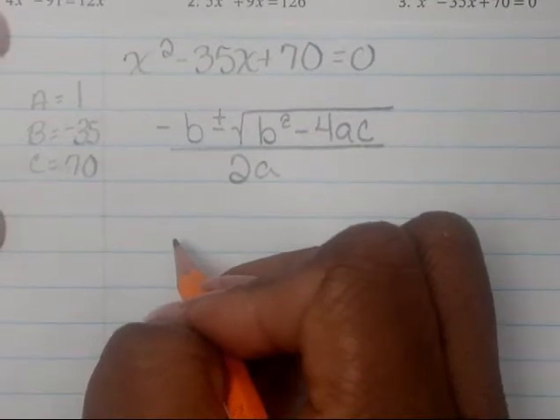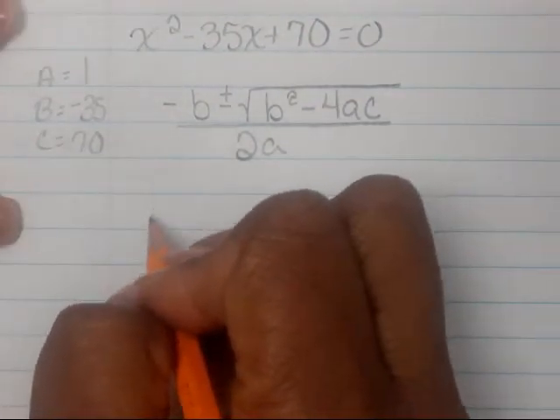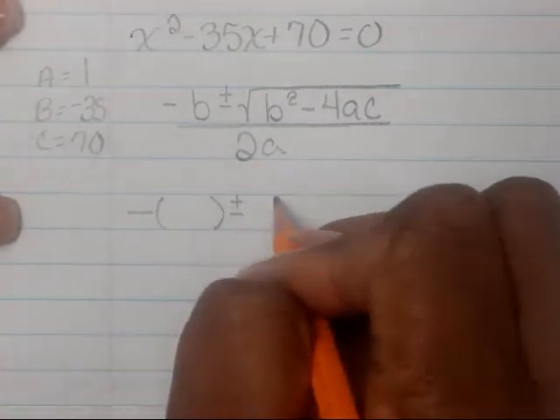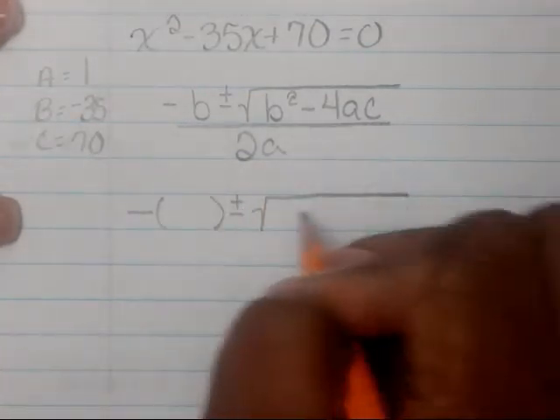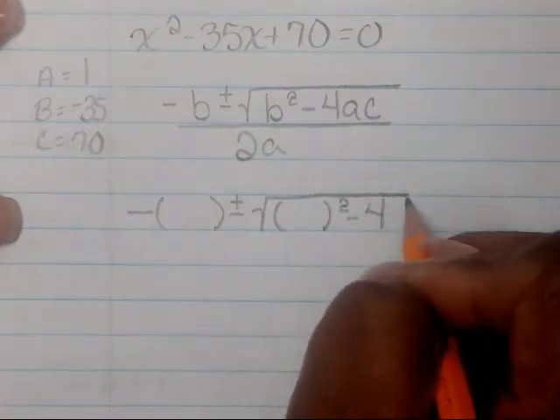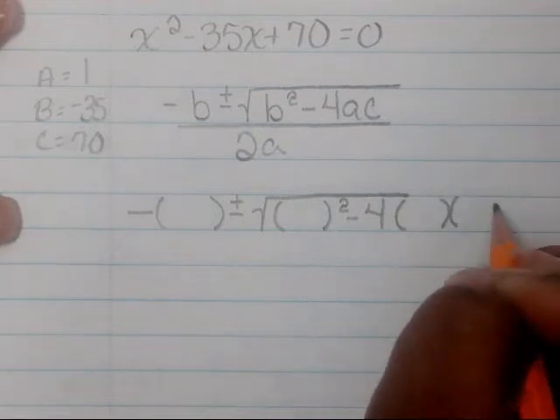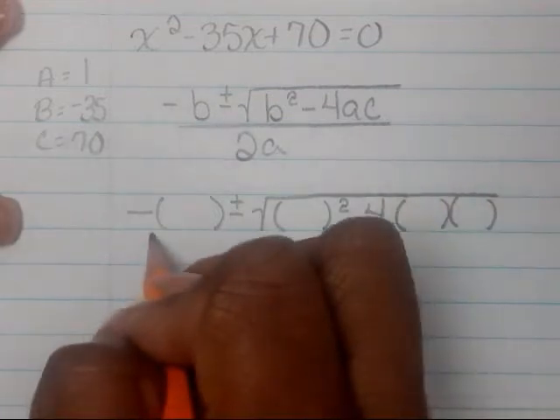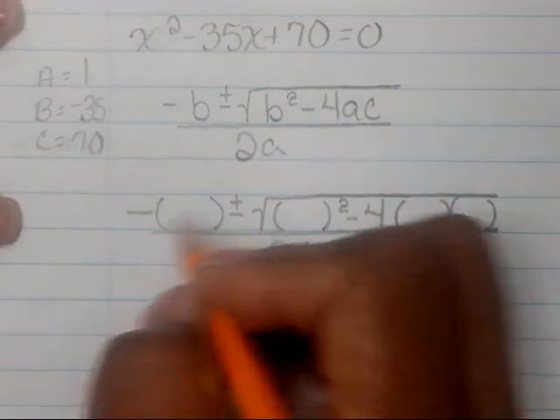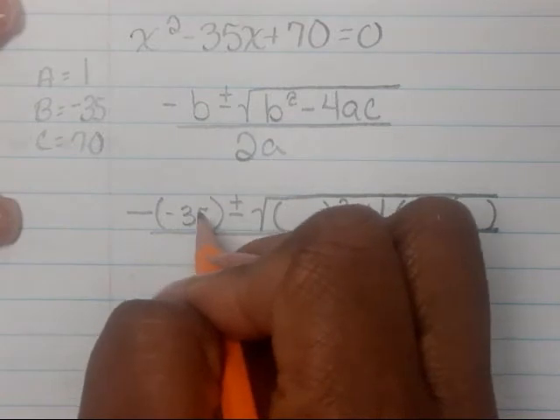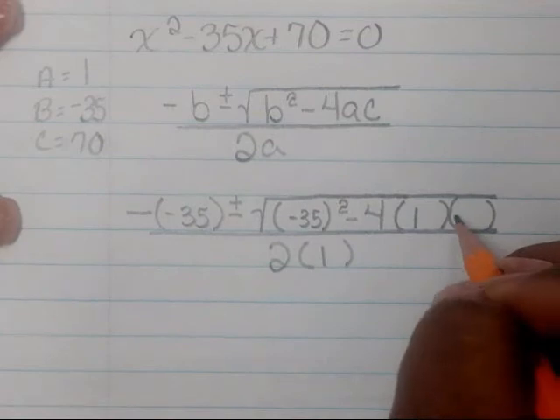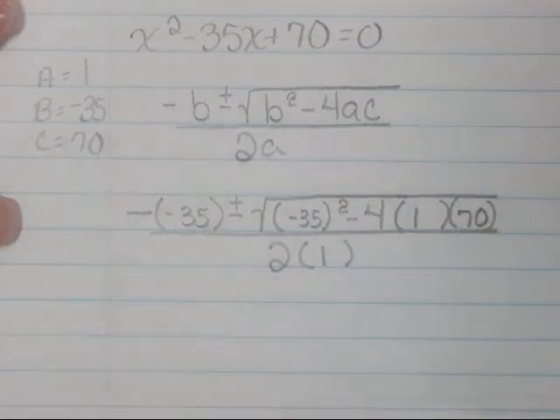Again, I'm going to rewrite it, leaving space for my information. So negative b plus or minus the square root of b squared minus 4ac over 2a. B is negative 35, A is 1, and C is 70.